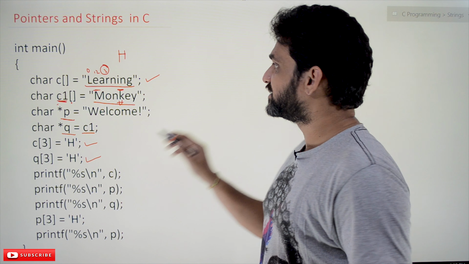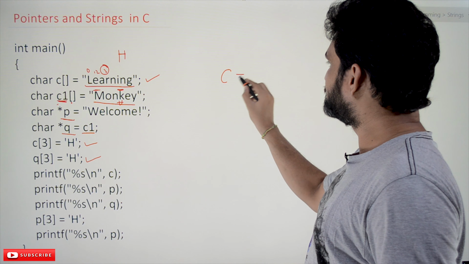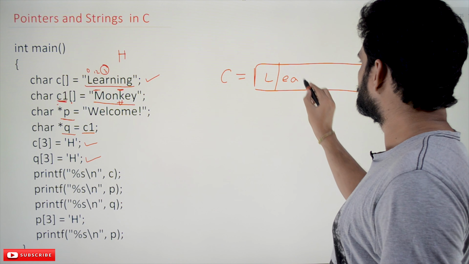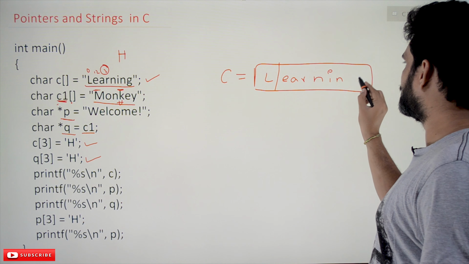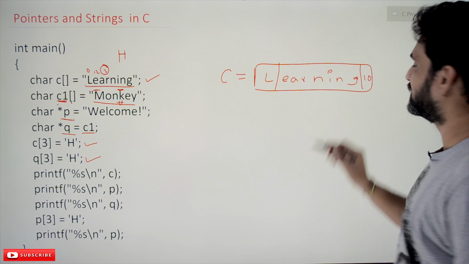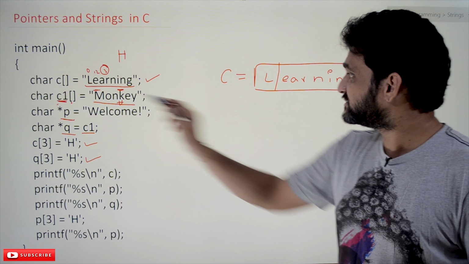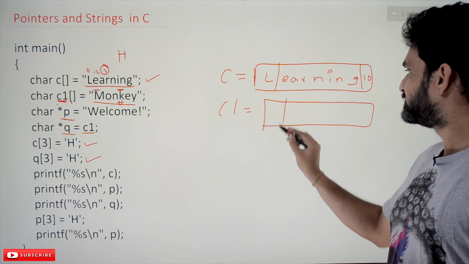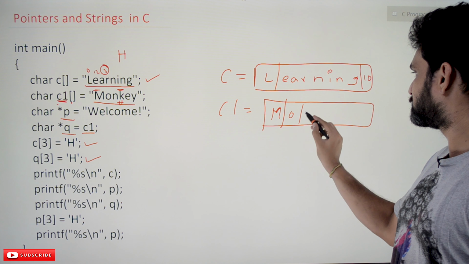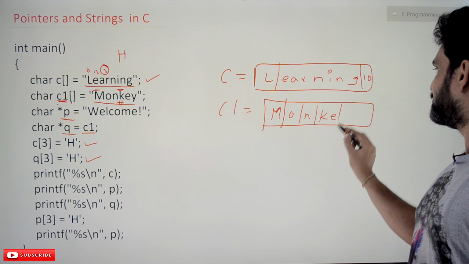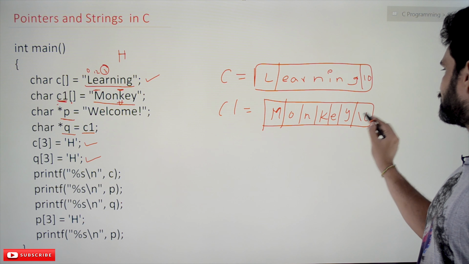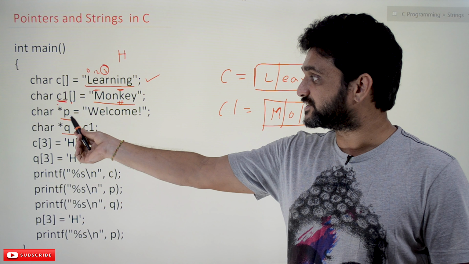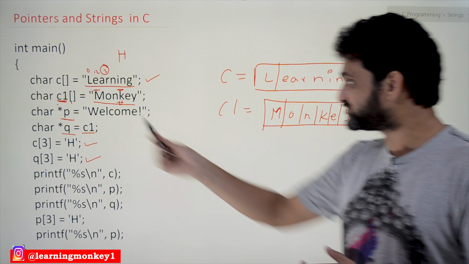So what happens here is that C is equal to this array that will get created, and the last one is a new line. Similarly C1 is equal to monkey, and the last one is a new line, and this is a character pointer, in the sense it is going to point to this string.